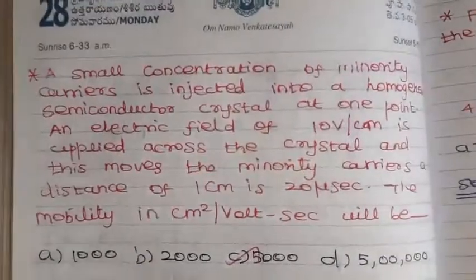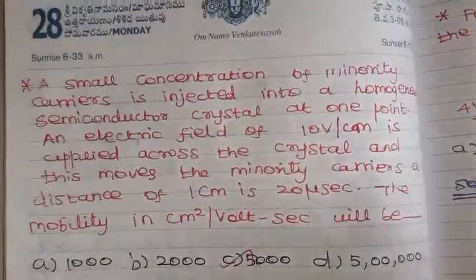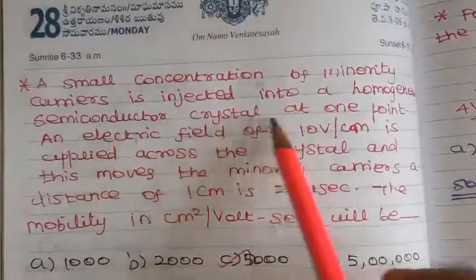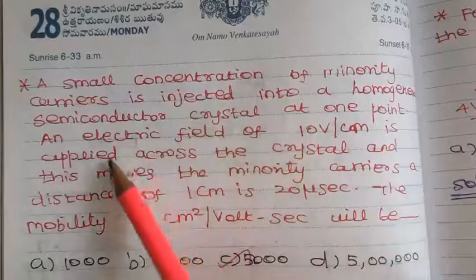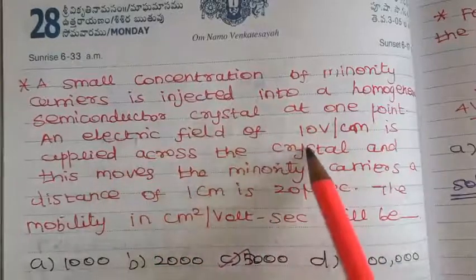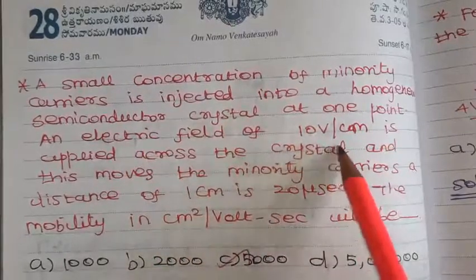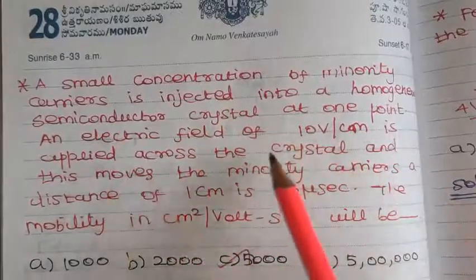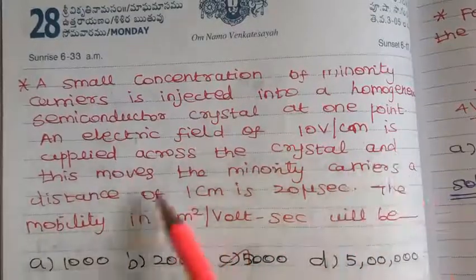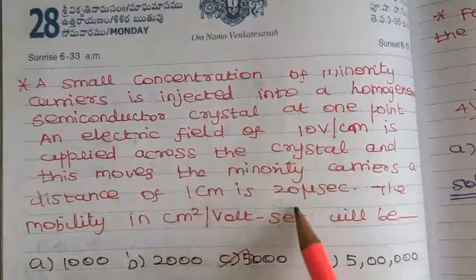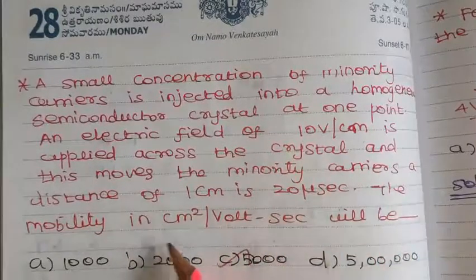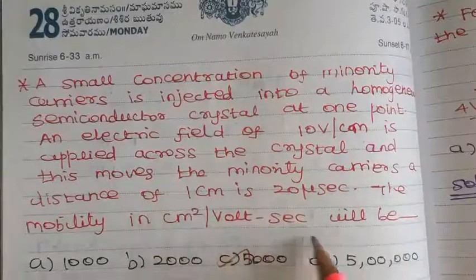Then, a small concentration of minority carriers is injected into a homogeneous semiconductor crystal at one point. An electric field of 10 volt per centimeter is applied across the crystal, and this moves minority carriers a distance of 1 centimeter in 20 microseconds. The mobility in centimeter squared per volt second will be.